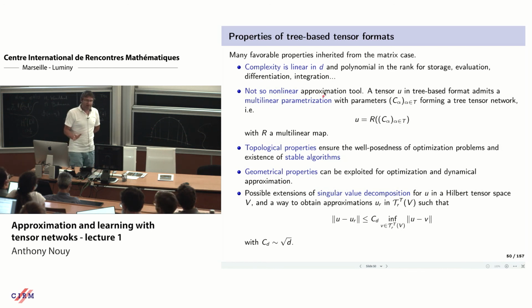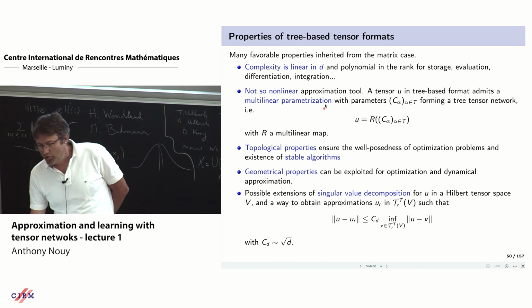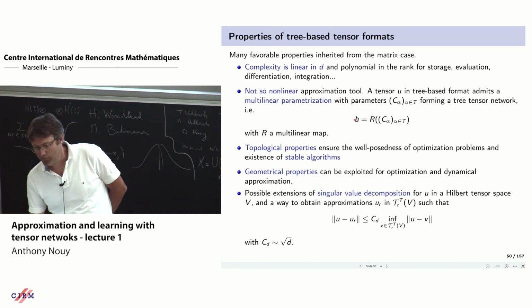It's not so nonlinear an approximation tool because, if you remember, it's just a sum of products of entries of tensors, or if you want, a combination of multilinear maps. It's not as nonlinear as a neural network with highly nonlinear activation functions. So this multilinear parametrization, in fact, is a parametrization of a tensor represented as a multilinear map with entries the different parameters.